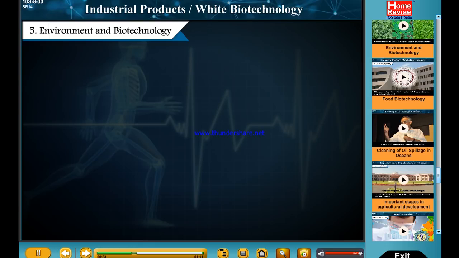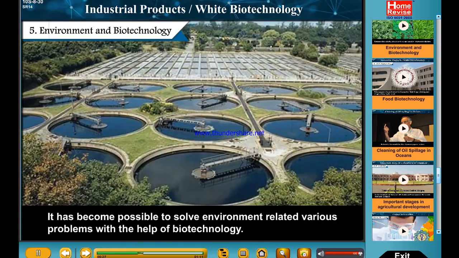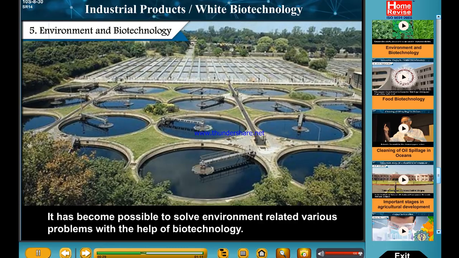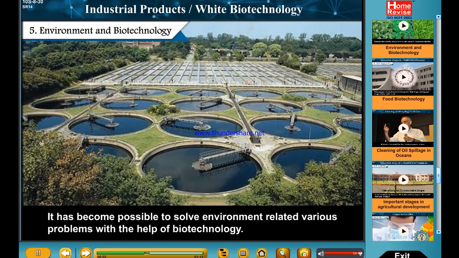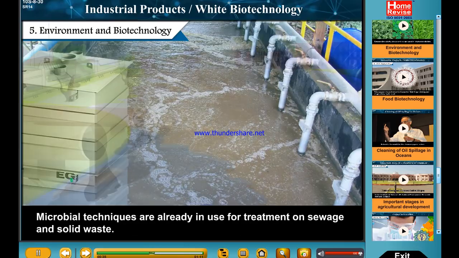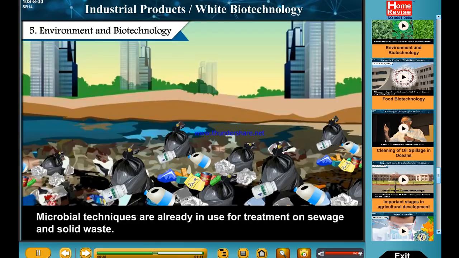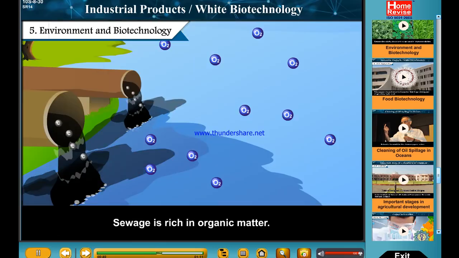5. Environment and biotechnology. It has become possible to solve environment-related various problems with the help of biotechnology. Microbial techniques are already in use for treatment of sewage and solid waste. Sewage is rich in organic matter.